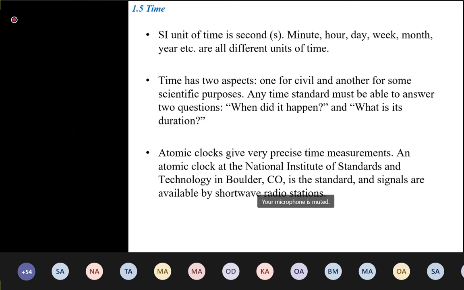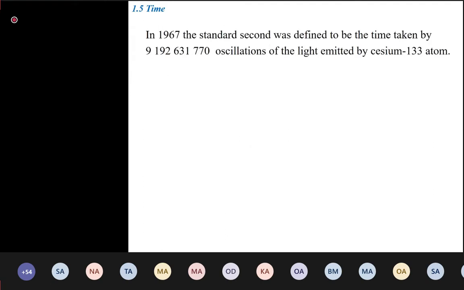Okay, so that's where it is located, and it is transmitted via radio signals if some people want to compare with that. As the System International was formed, there were different definitions that started to be associated with units. So in 1967, the standard second was defined as a certain number of oscillations of the light emitted by the cesium-133 atom.